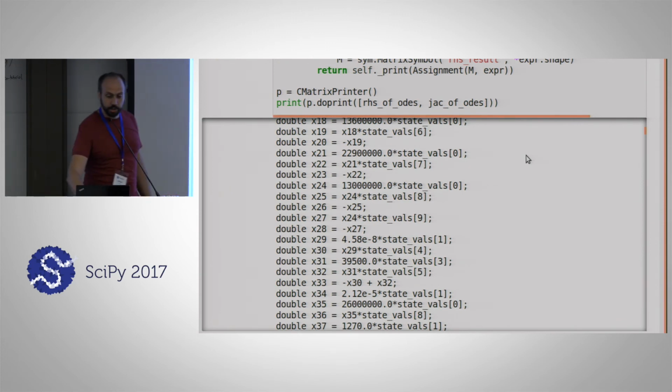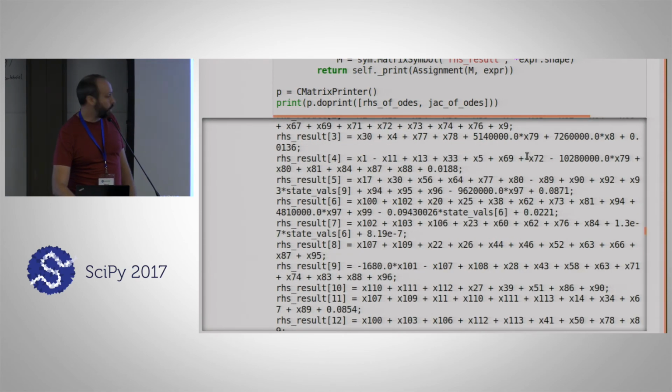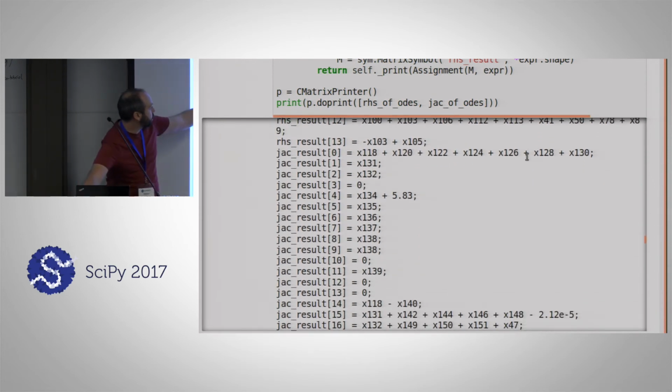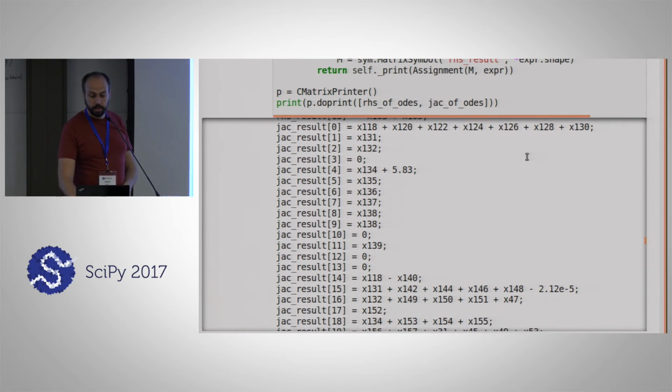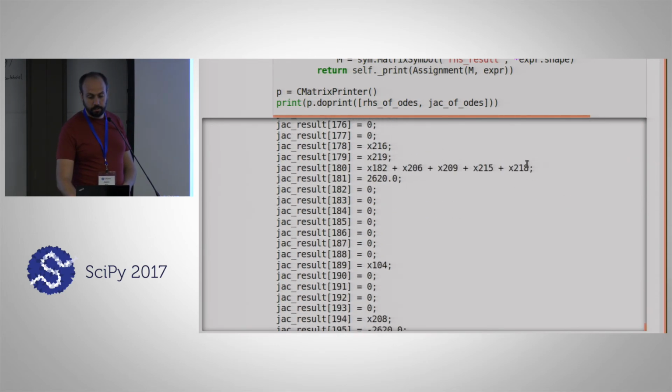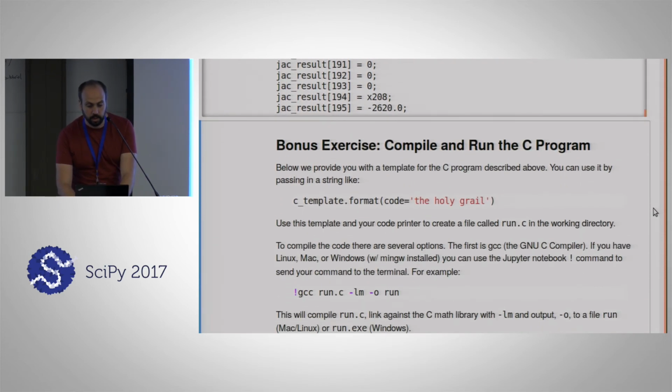I get all the sub-expressions, and then I have the right-hand side result, the 14 elements of that, and then the 196 elements of the Jacobian result there. So that is quite a few lines of generated code that SymPy helps us do fairly easily.